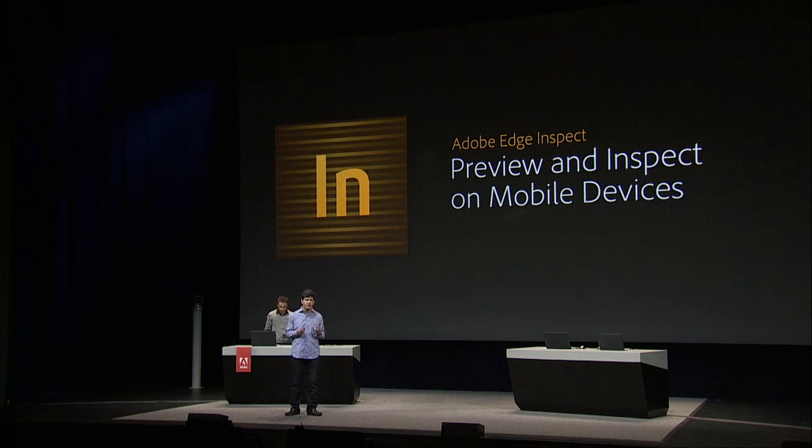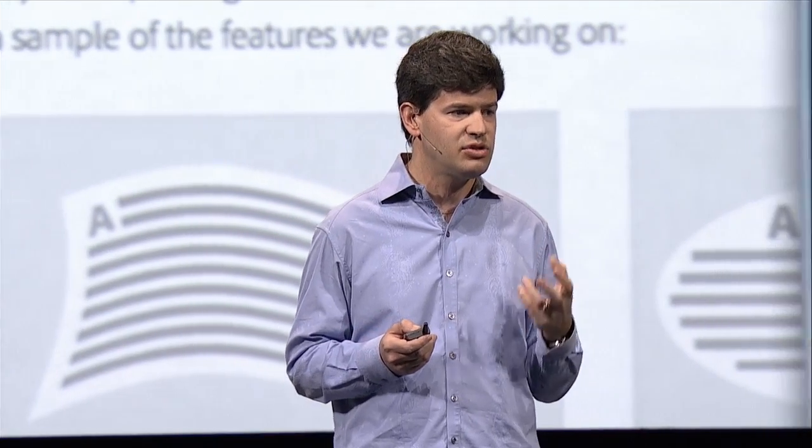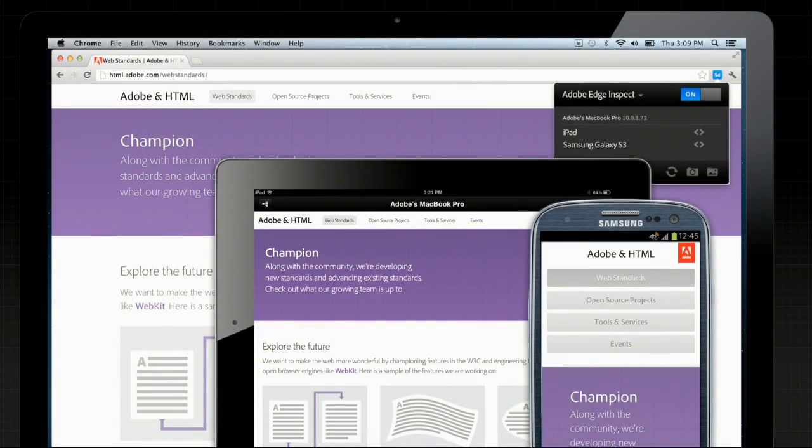We've refined Shadow with all of your feedback, and it now consists of a set of lightweight tools that allow you to easily preview and inspect across a range of mobile devices. You can do this wirelessly, so you have total wireless control of these devices. You can remotely load up a page that you're working on from your development machine, your PC or your Mac, and all of those devices load that page.